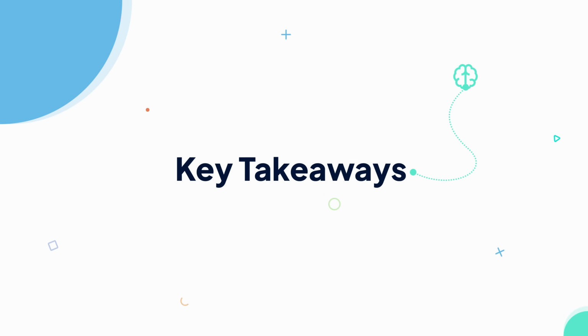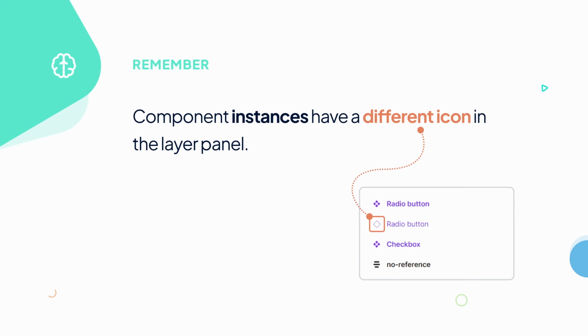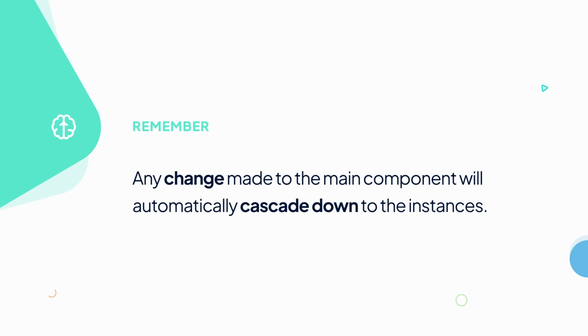Now let's take a look at a few key points to remember. The first time you create a component, you create the main. Any other copy of that main is called an instance. Component instances have a different icon in the layer panel. Any change made to the main component will automatically cascade down to the instances.